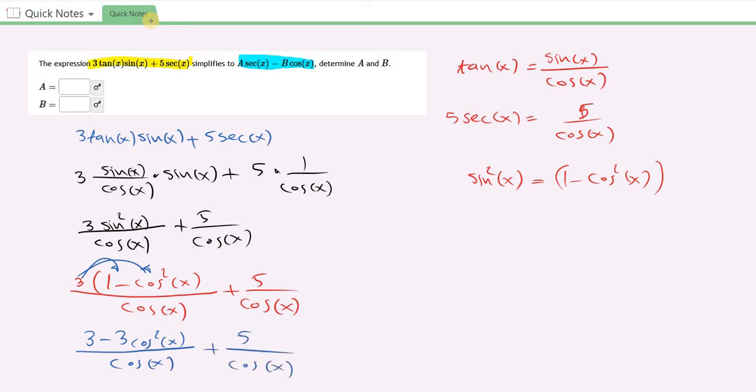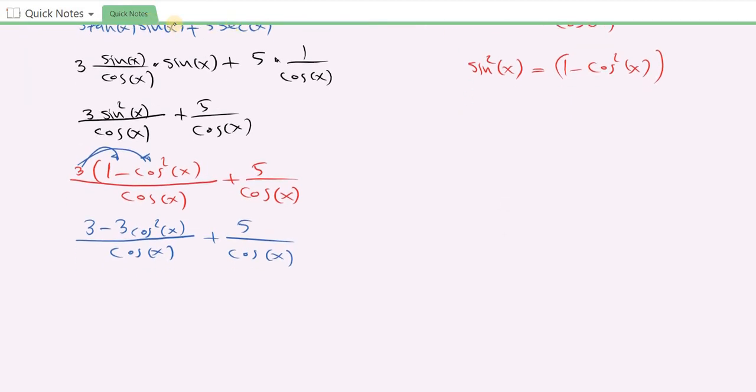I have the same denominator, which means I can basically gather the fractions over one denominator. So that's what I'm going to do. 3 minus 3 cosine square x plus 5, everything divided by cosine x.